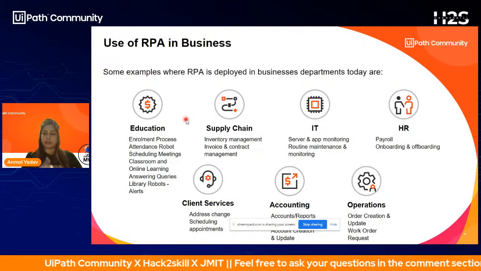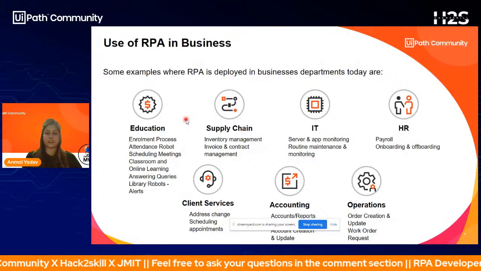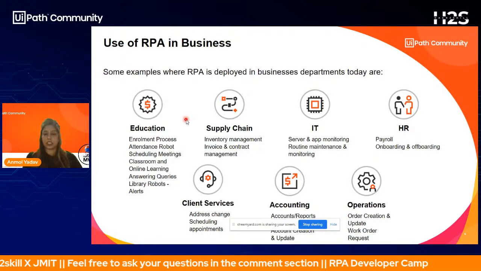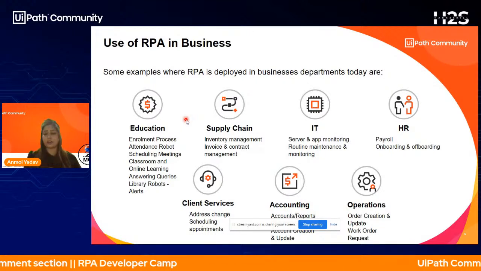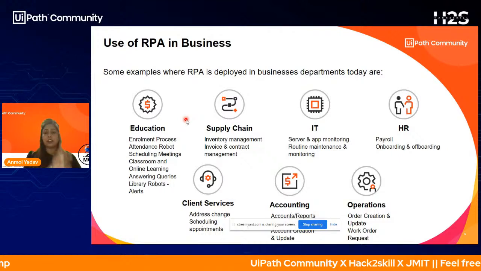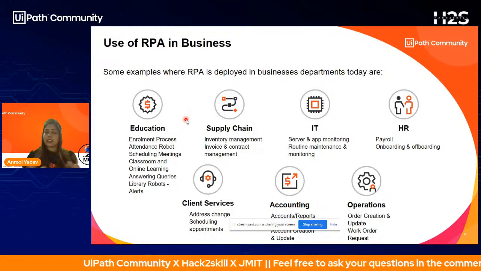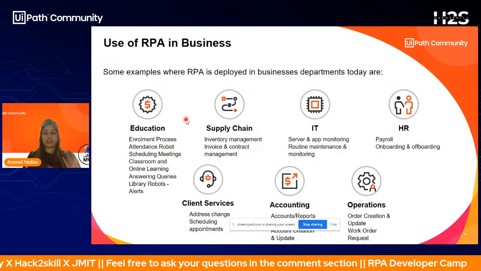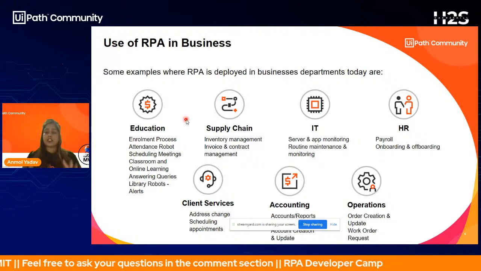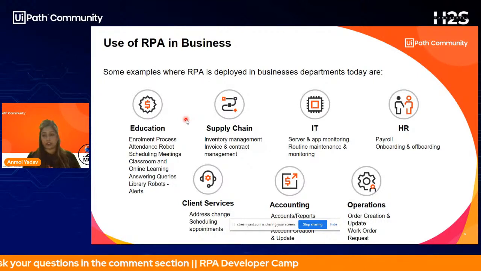If a person does X, the robot has to do Y. If a person does A, the robot has to do B. There's a rule to everything: if a person submits the Aadhaar, you have to ask for the PAN. Or if a person is leaving the organization, you have to send this particular form to the person. So it's a rule-based task. You know what you have to perform if X happens. Such processes are very fit for automation, because it is a monotonous task.